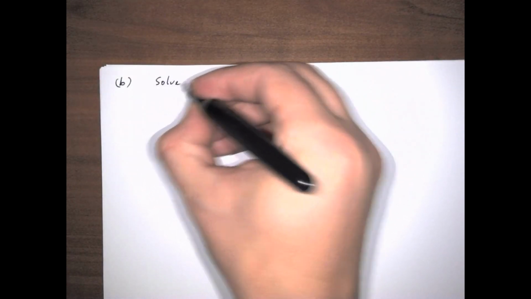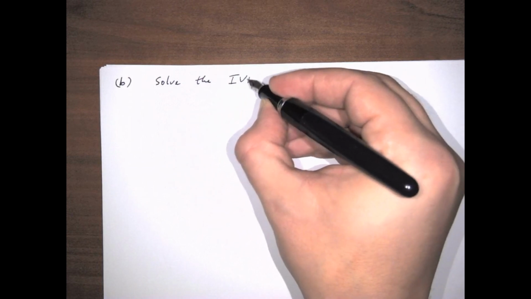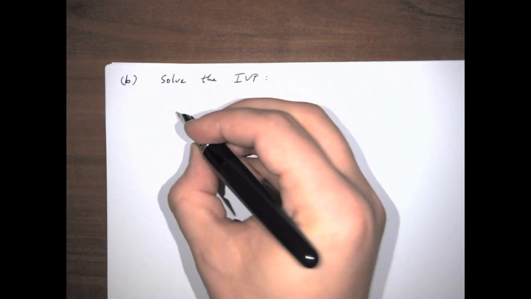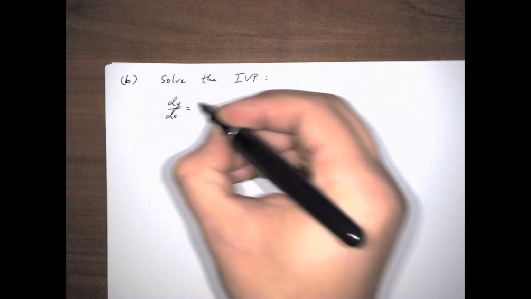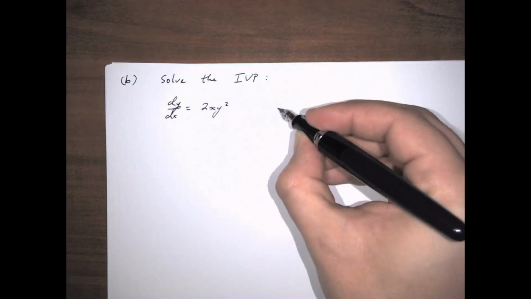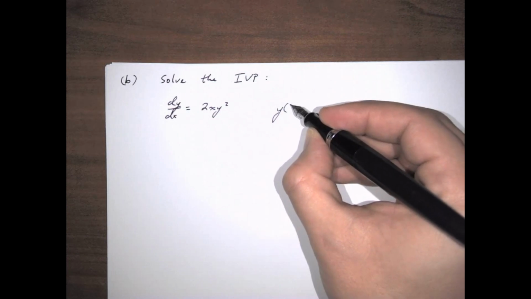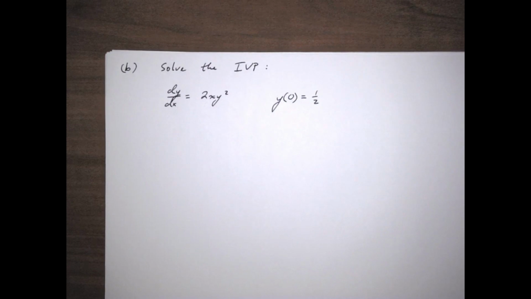Part B, let's say solve the initial value problem dy dx, so we'll just take the same old differential equation, dy dx is equal to 2xy squared, and we'll say y of 0 equals 1/2. Okay, so it has now gone from just being a differential equation to being an initial value problem because we were given an initial value, or an initial condition is another way of wording that.